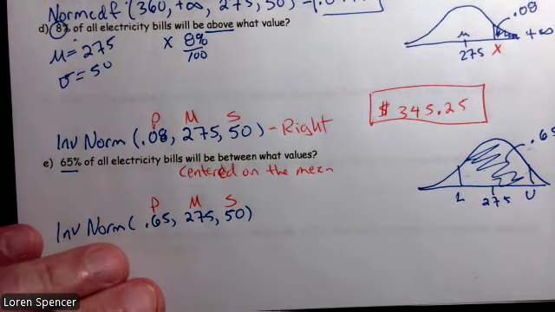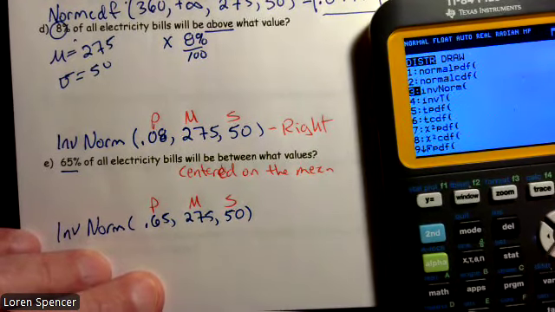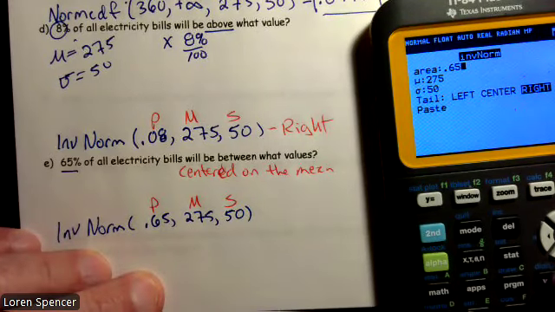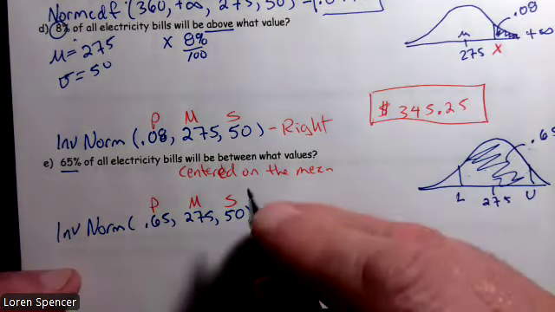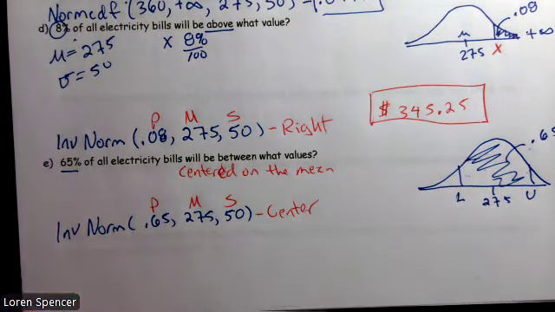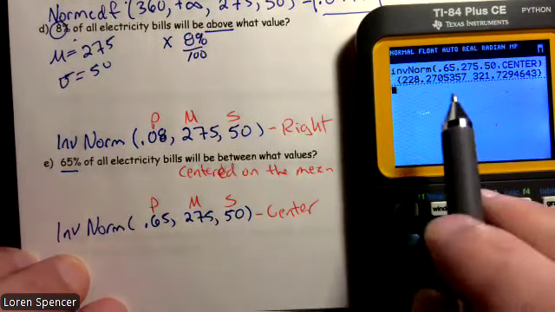We're going to go to the calculator real quickly because it's going to be a little bit different here. Second vars, inverse norm. And we're going to put in 0.65, mean of 275, standard deviation of 50. And we're going to choose the word center. And if we do everything correctly, it'll give us two values, a lower bound and an upper bound.